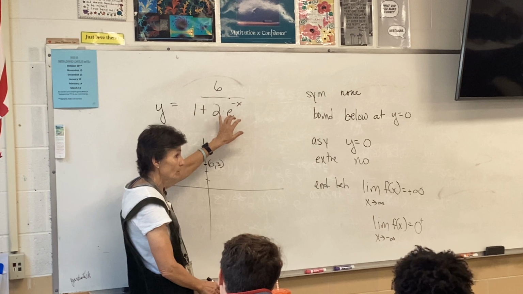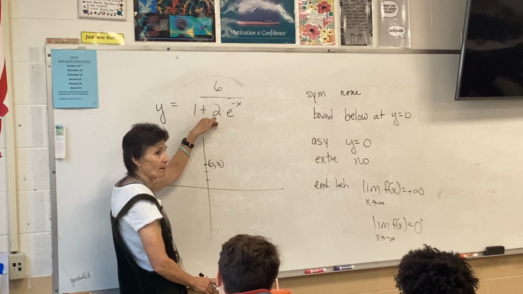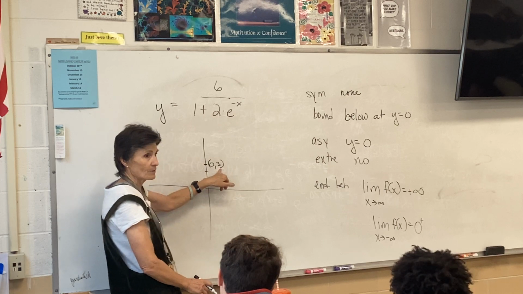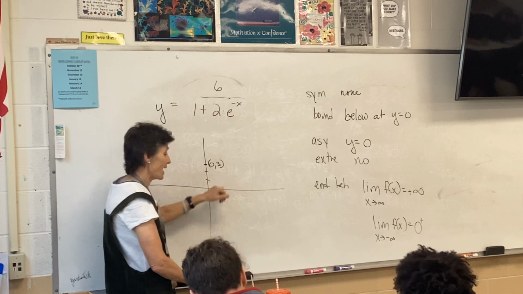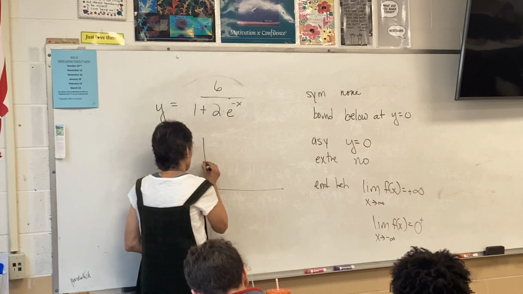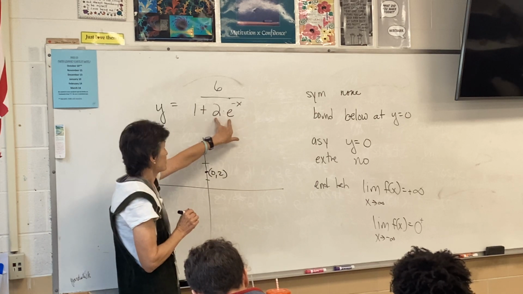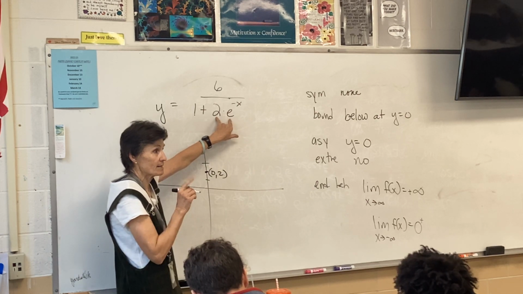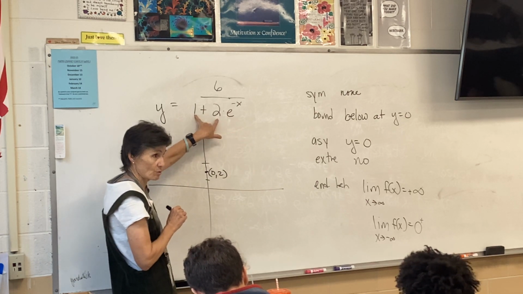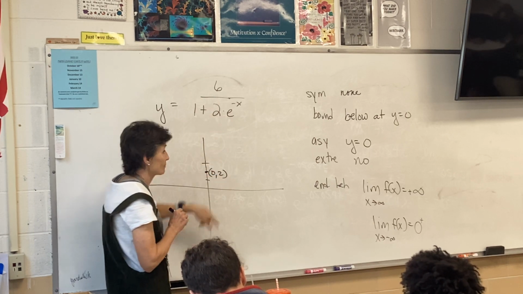That's 2. That's 3. Uh-oh. 6 divided by 3 is not 3. That intercept is at 2. You guys lied to me. This is 2, right? If x is 0, that's 2. Plus 1 is 3. And 6 divided by 3 is 2. All right.